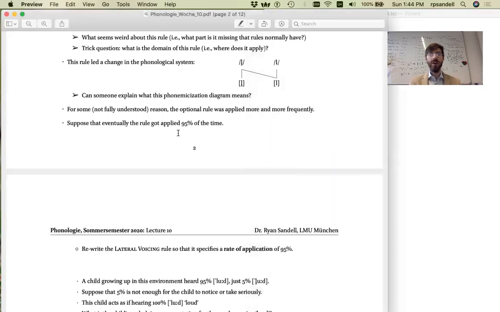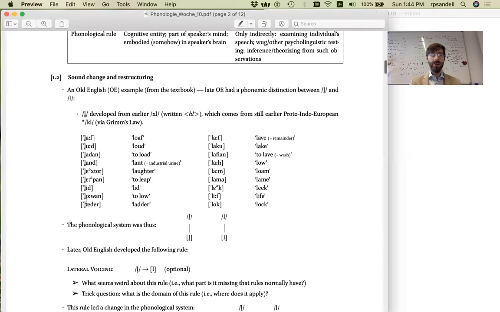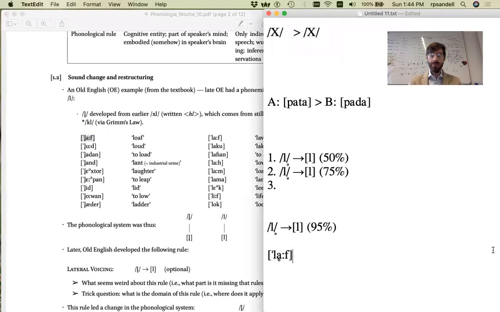of application, potentially all of these lexical items here on the left side, words for loaf, loud, laughter, and so on, would have exhibited token variation. That is, let's use the word for loaf as our example.